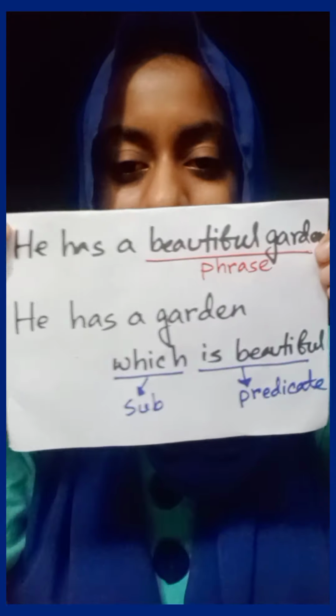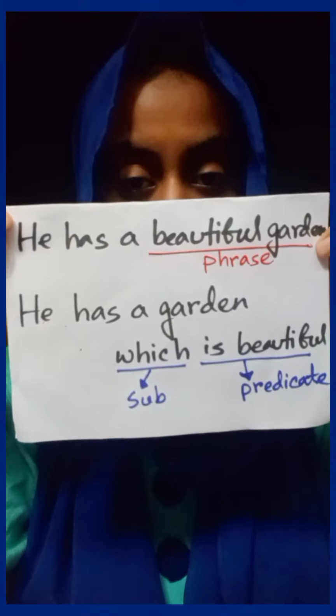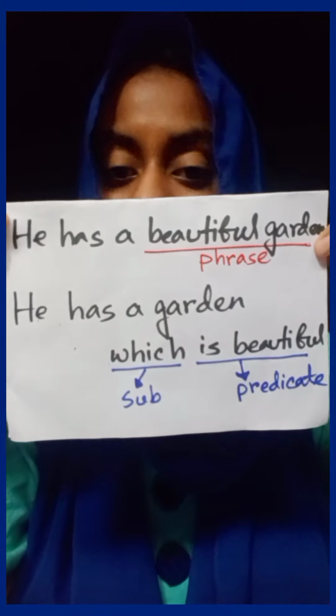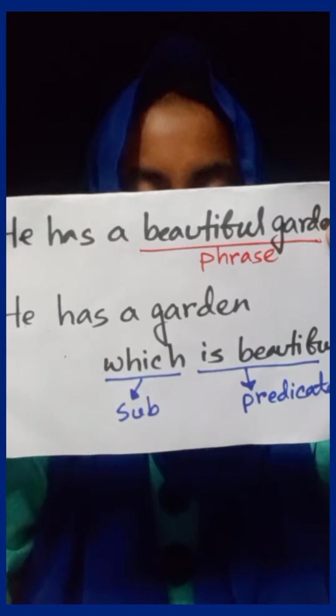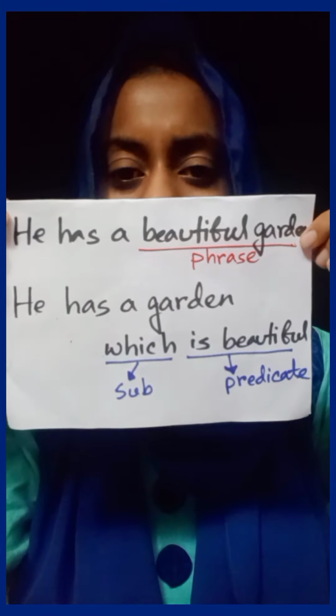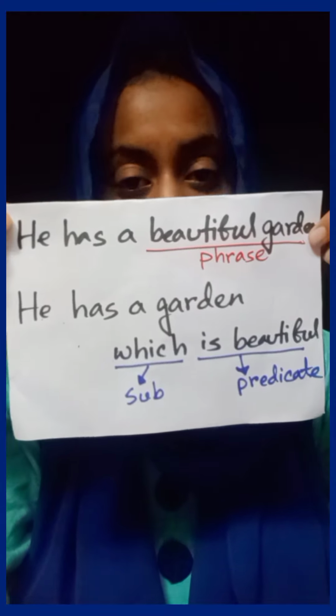So it's a phrase. Alright, in these two sentences: he has a beautiful garden, where we can see that beautiful garden is the phrase of this sentence. But what about the second sentence? He has a garden which is beautiful.